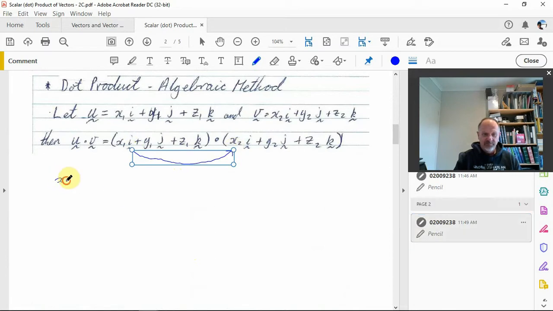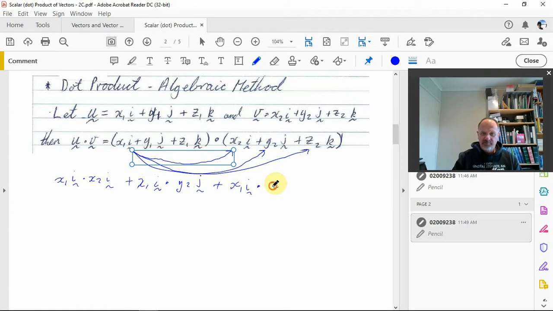We would have x1 i dot with x2 i, plus x1 i dot with y2 j, and then we would get that expansion, and we would have x1 i dot product with z2 k.